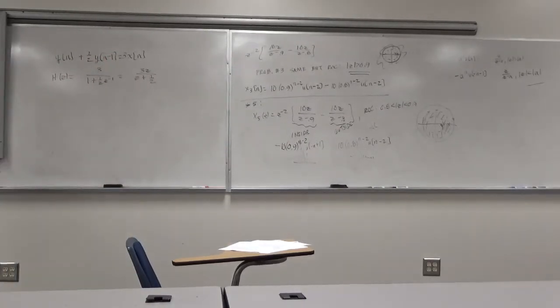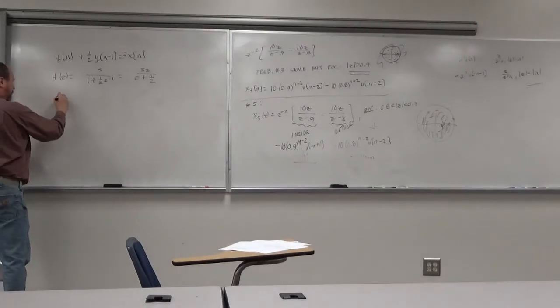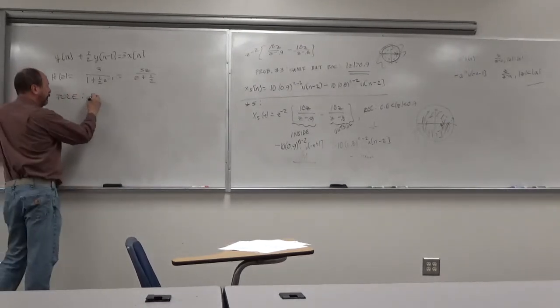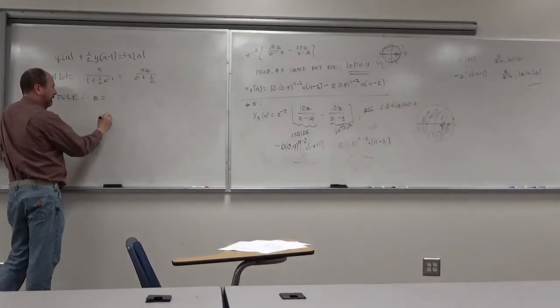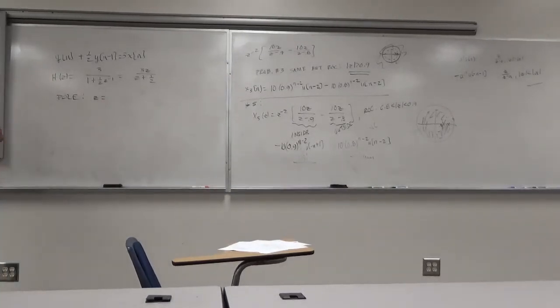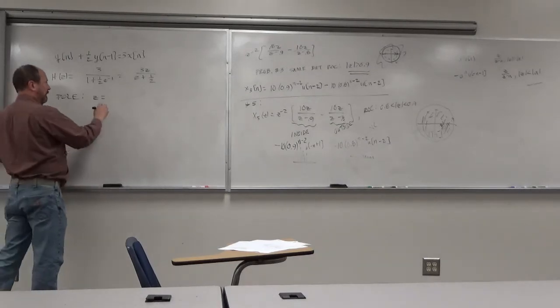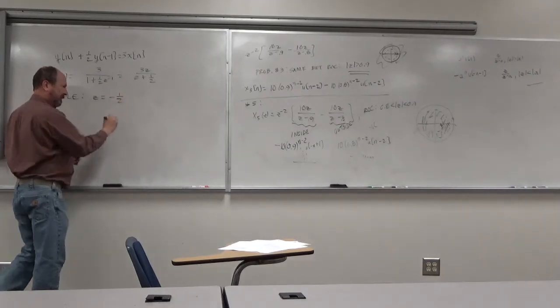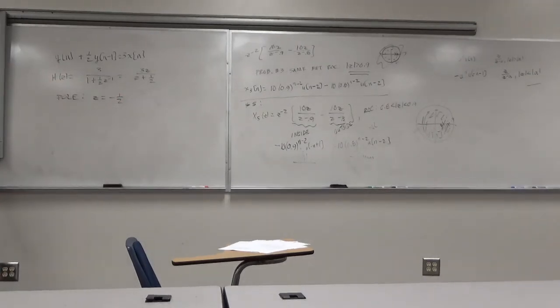Okay, so where are the poles of the system? At z equals what? Negative 1/2. Right?